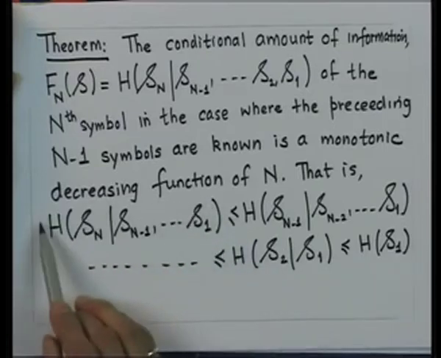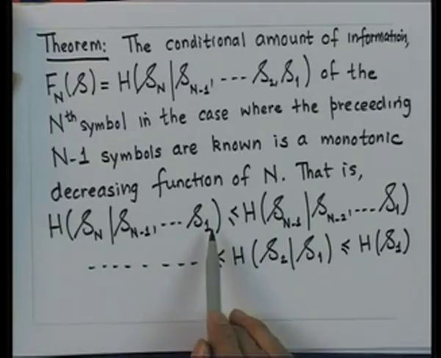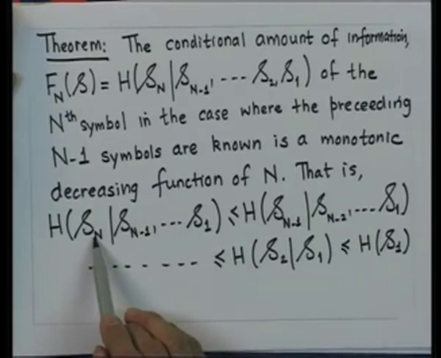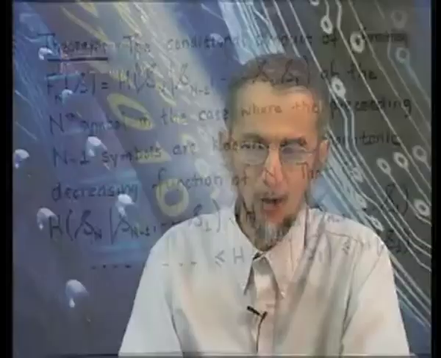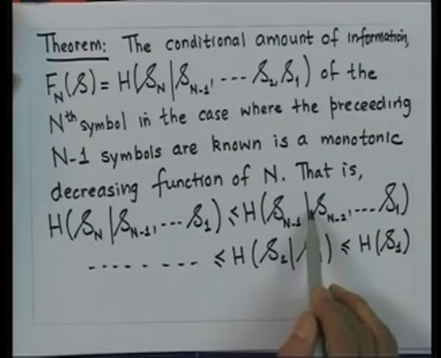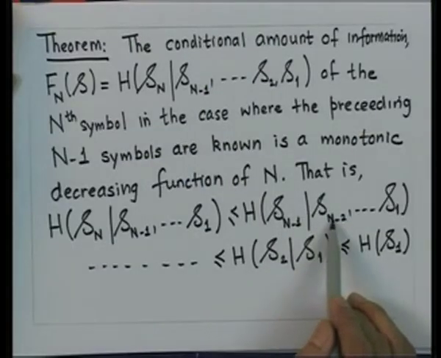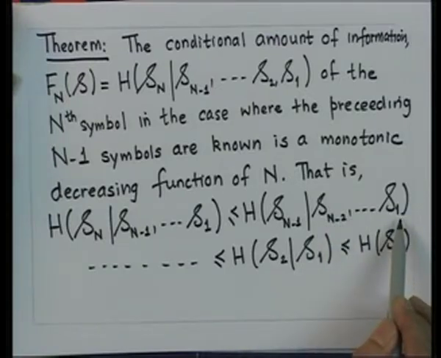This is what we had defined as the additional information which I get on the occurrence of the nth symbol when I know the preceding n minus 1 symbols. The information which I get from here will always be less than or equal to the information which I get when I go back to the time instant n minus 1 and observe the symbol, given that n minus 2 preceding symbols have been observed.